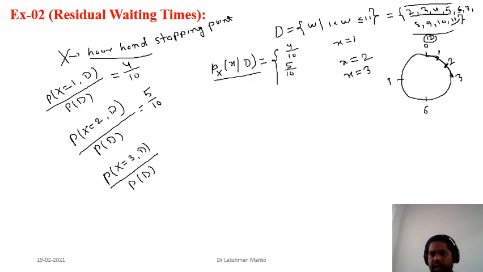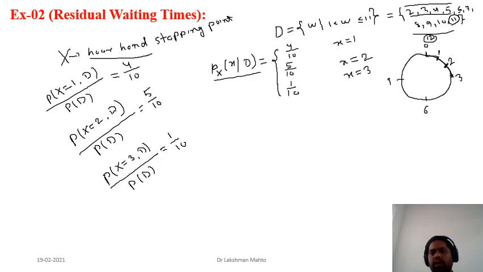In order to reach x equal to 3, definitely 11 we observe common. The minute hand definitely must stop at 11 in order to reach x equal to 3. We don't observe any other minute hand stopping in d. So this probability would be 1 by 10 when x equal to 3.